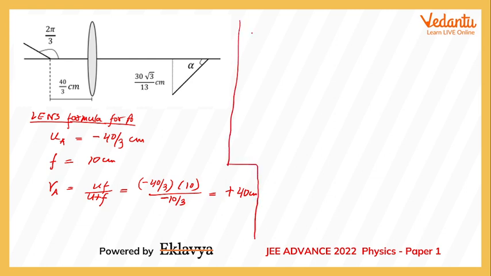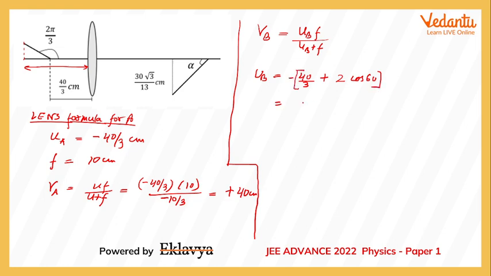Now, similarly, we can solve for VB. We will apply the lens formula for point B, so we write UB into F upon UB plus F. What will be the value of UB for point B? That length will be this particular length, which we write as 40 by 3 plus the length of the rod, which is 2 centimeter, into cos of 60 degree, all with a negative sign.